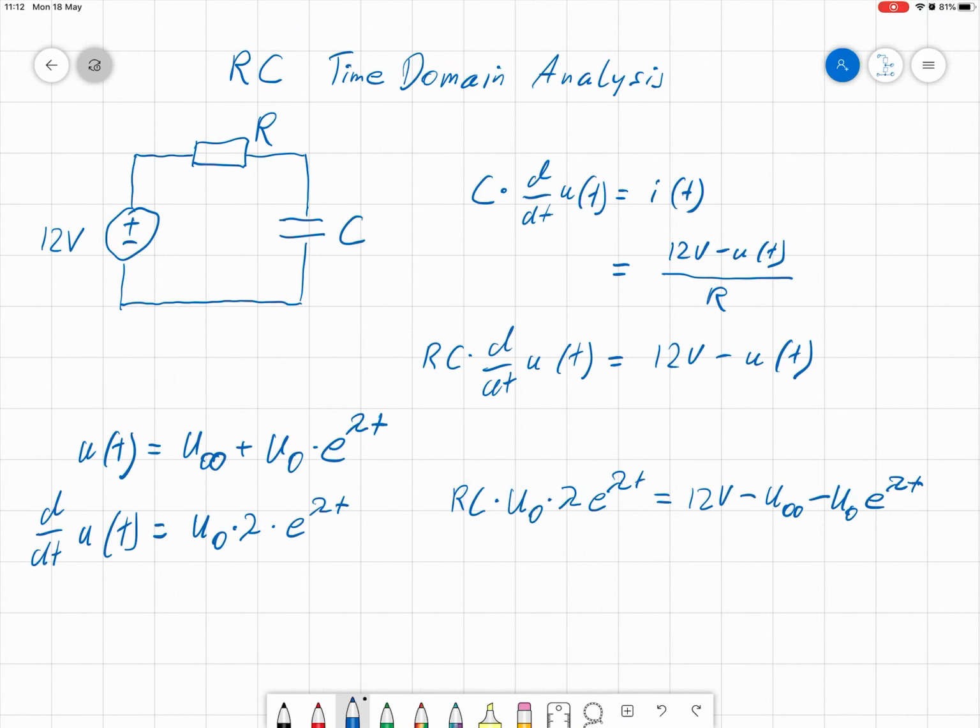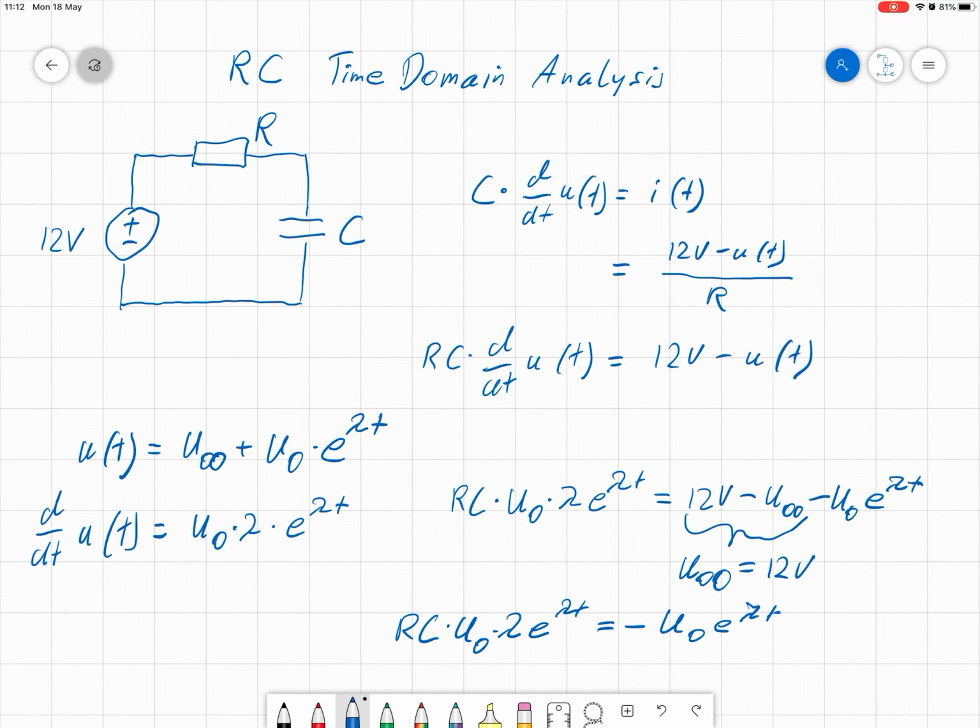So from this we can easily conclude U infinity has to be equal to 12 volt. Then this term disappears and we are left with the remainder of the equation, which is RC times U naught times lambda e to the lambda t is equal to, and then on the other side, minus U naught e to the lambda t.